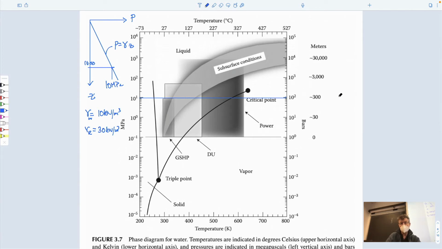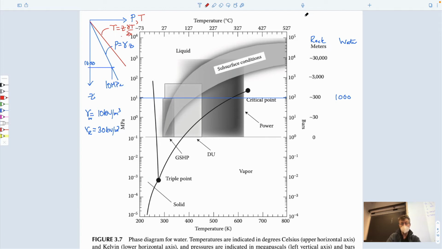So if this is 1,000 meters for water, then for rock it's only something like 300 meters. In the same way, we could also replace this with temperature. And we know that temperature is given by something like temperature is equal to depth times dT/dz.